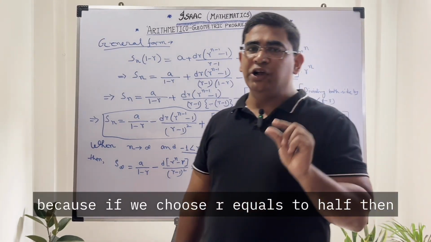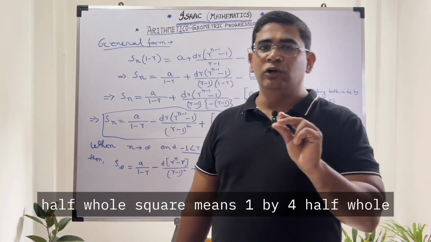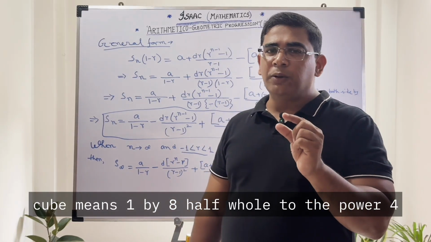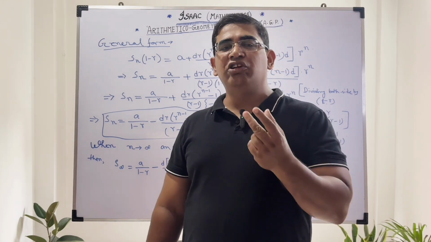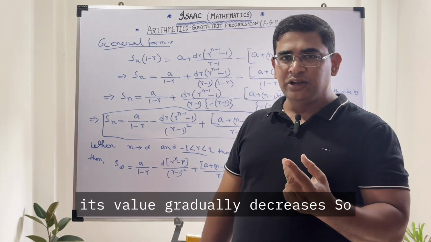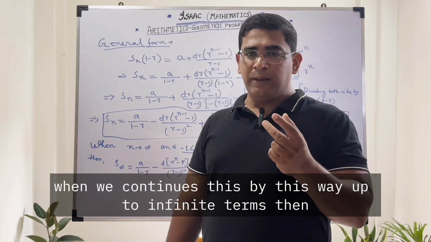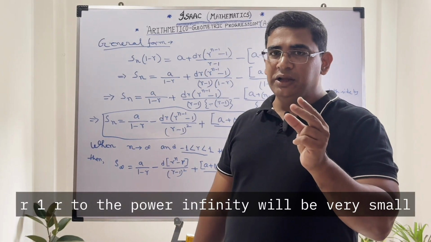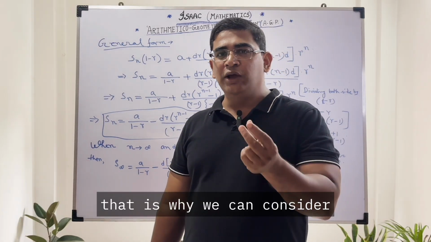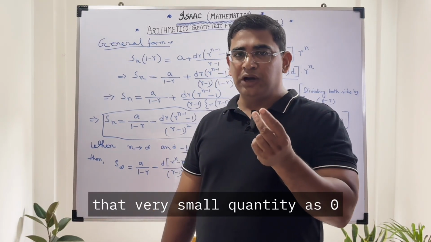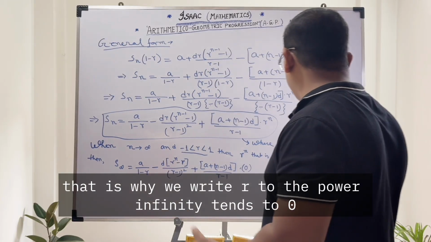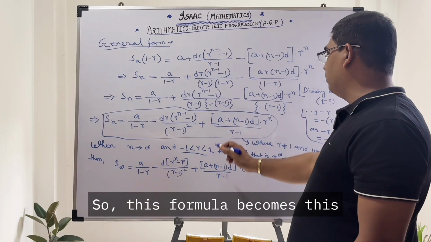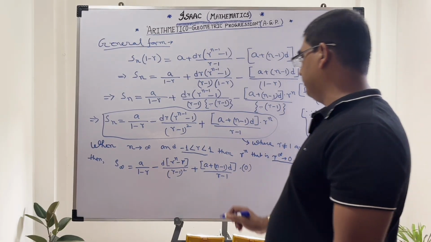Because if we choose r equal to half, then half whole square means 1 by 4, half whole cube means 1 by 8, half to the power 4 means 1 by 16, that is, its value gradually decreases. So when it continues this way up to infinite terms, then r to the power infinity will be very small. That is why we can consider that very small quantity as 0. That is why we write r to the power infinity tends to 0.